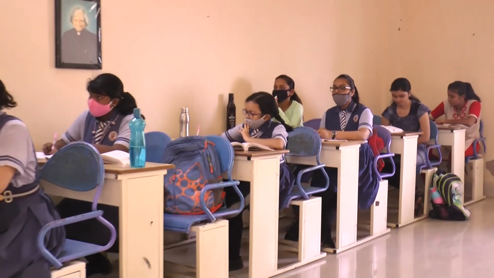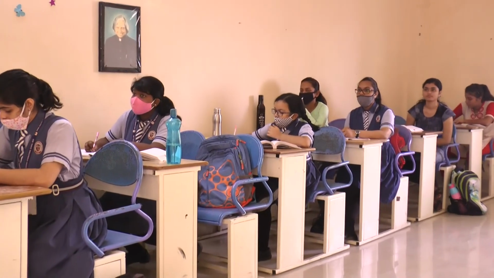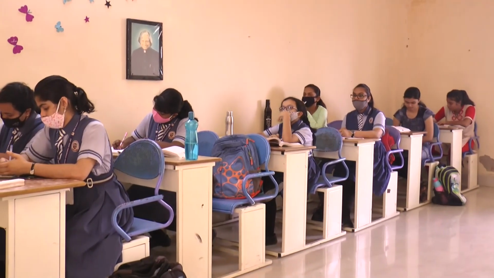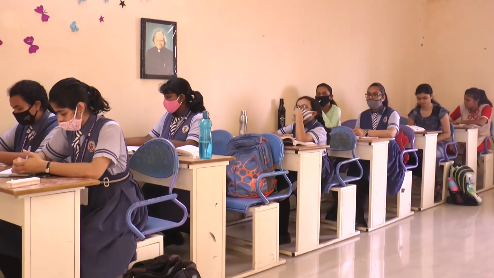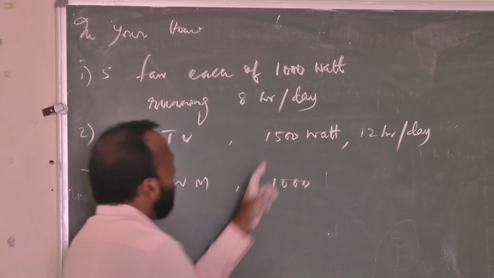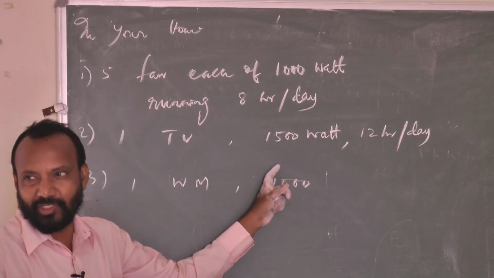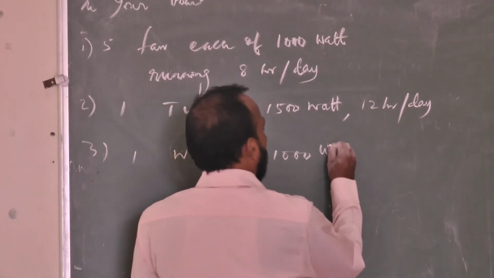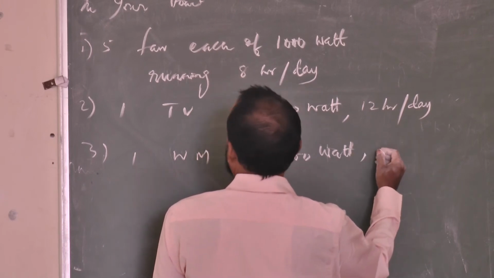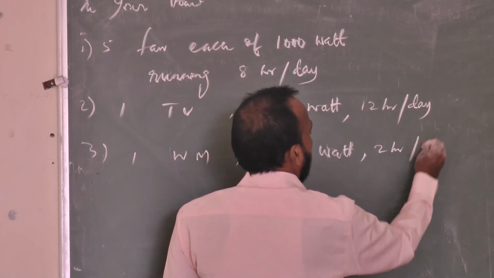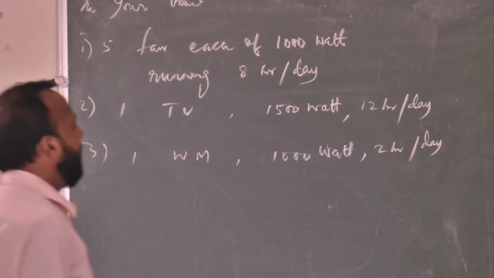Suppose one TV of 1500 watt, running 12 hours per day. You are watching more TV, then. Then one washing machine, suppose 1000 watt, I am taking this power approximately, just for your understanding, 2 hours per day.